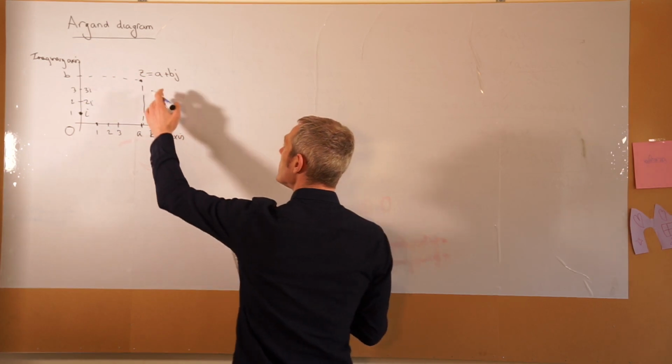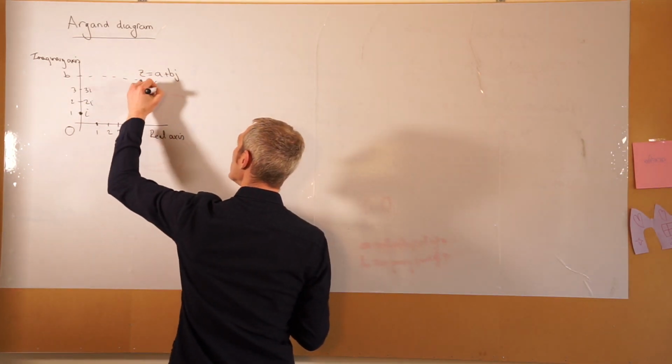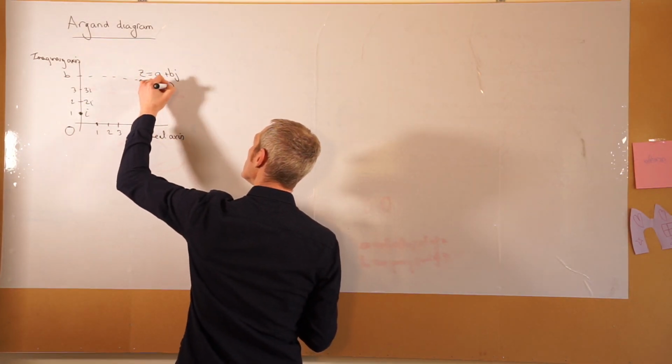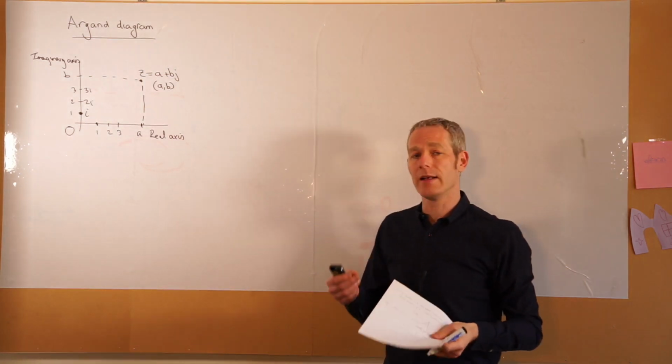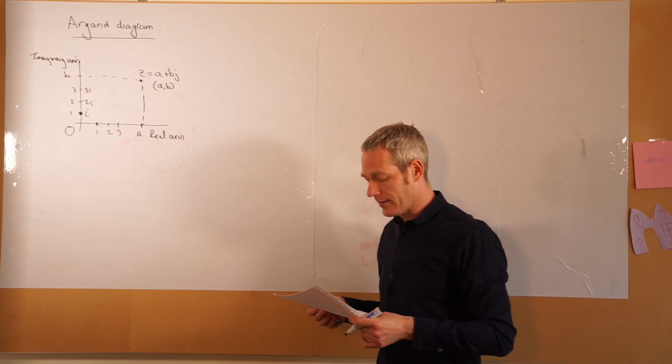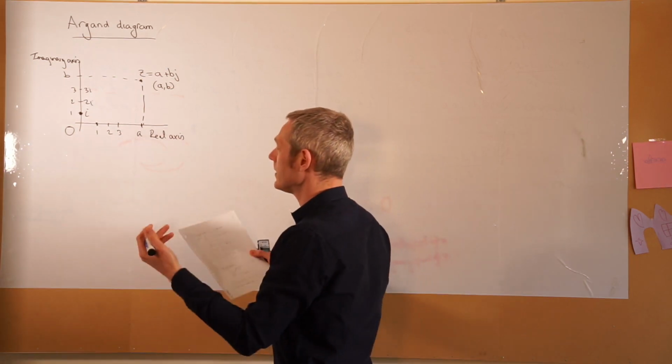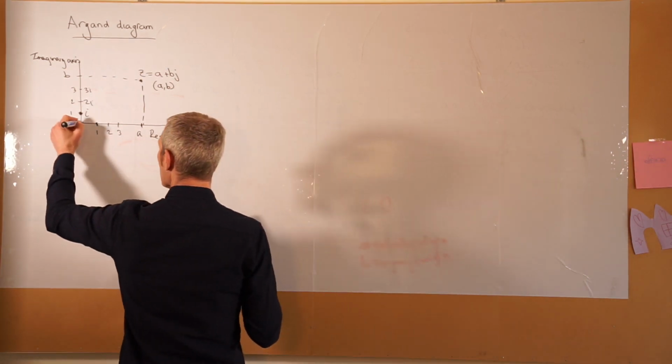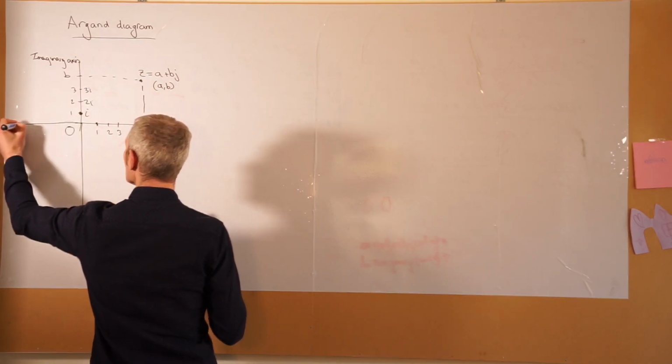Now, this point here, if we see it as a vector, would have coordinates a, b, and the concept of seeing this as a vector will be used later. Now we can extend this diagram to all 4 quadrants.